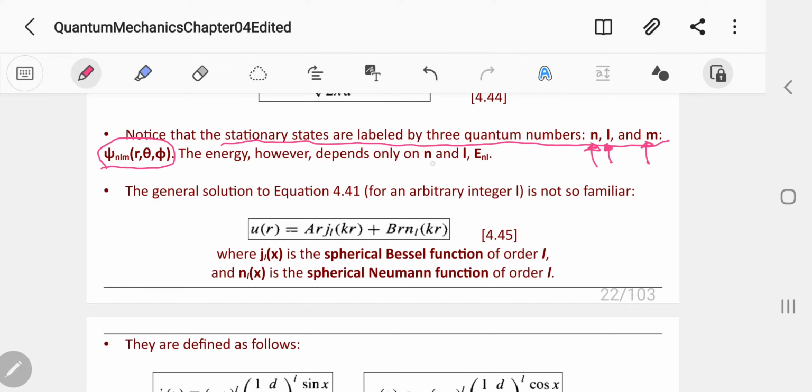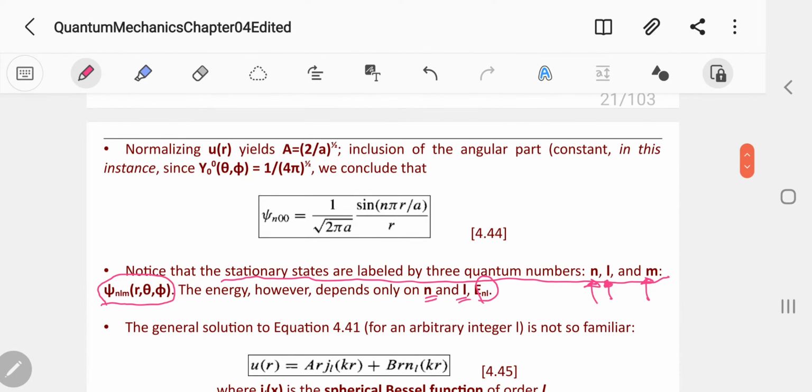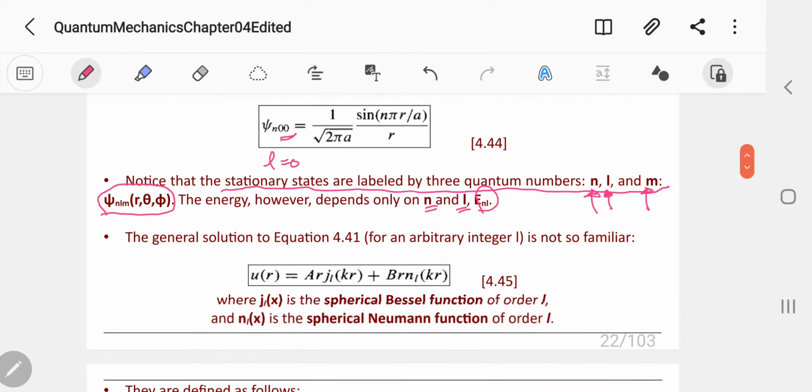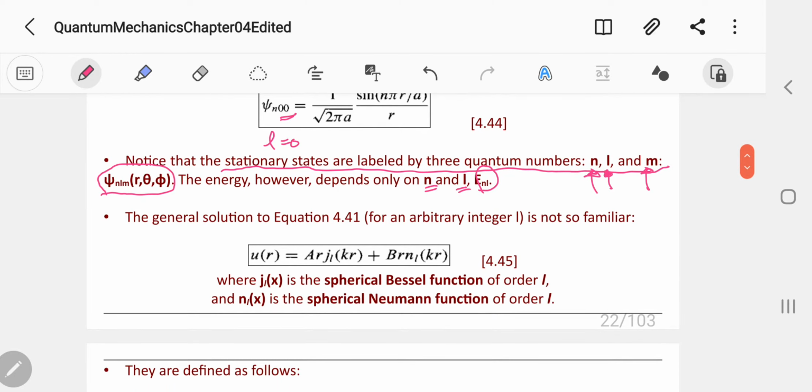The energy depends on n and L, this one here. As you can see, we're just taking L to be equal to 0. Later on, we'll check if L is not 0 anymore.